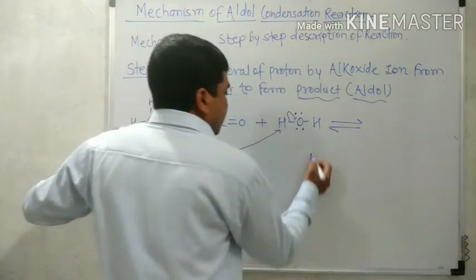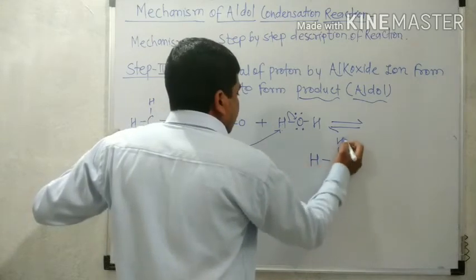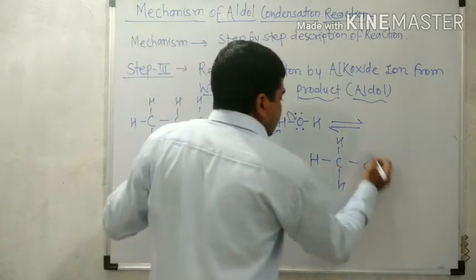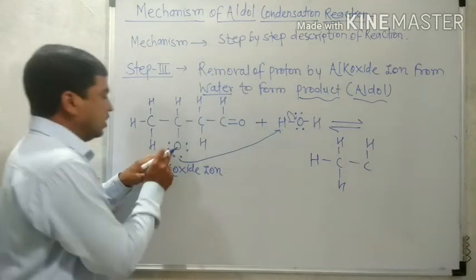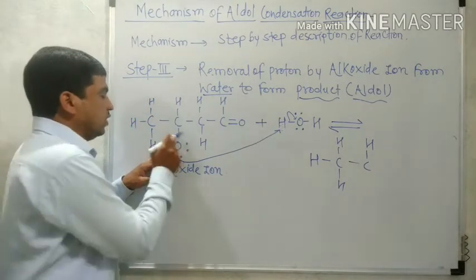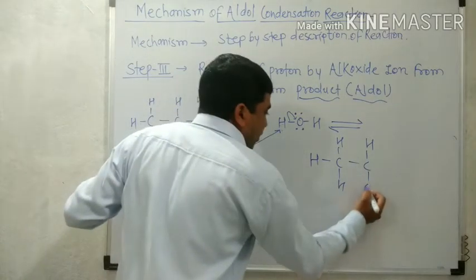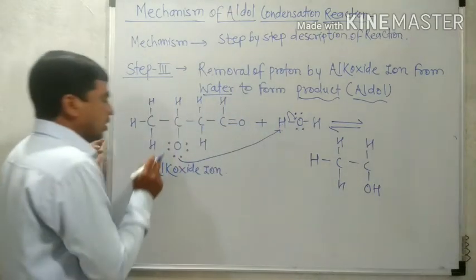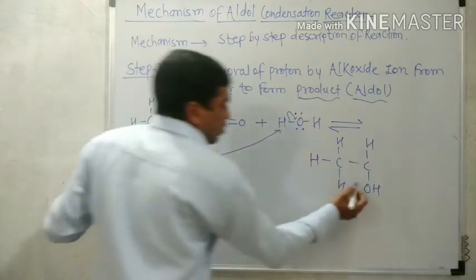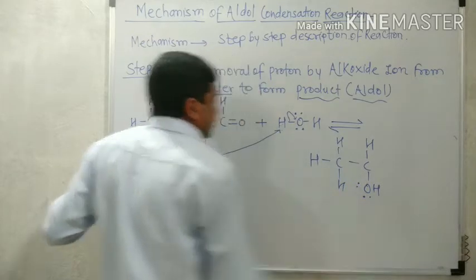So what happened? The oxygen donates a pair to this hydrogen and attracts it towards itself, so oxygen with hydrogen forms OH. By donating this one pair, two electron pairs remain on oxygen.